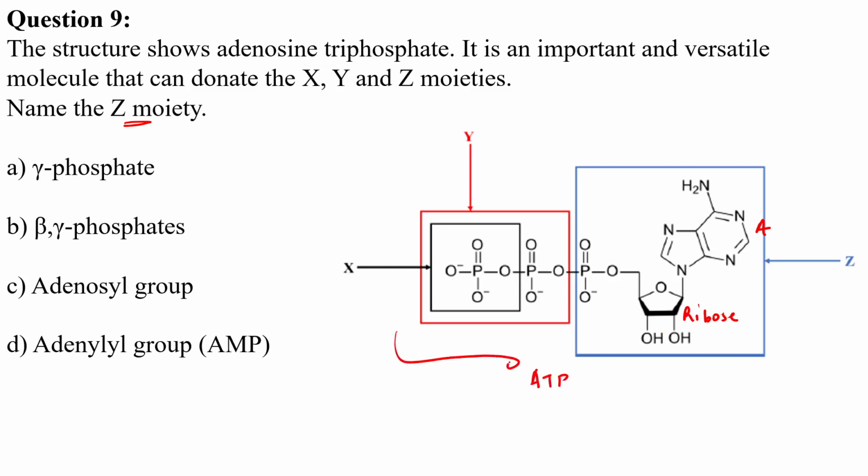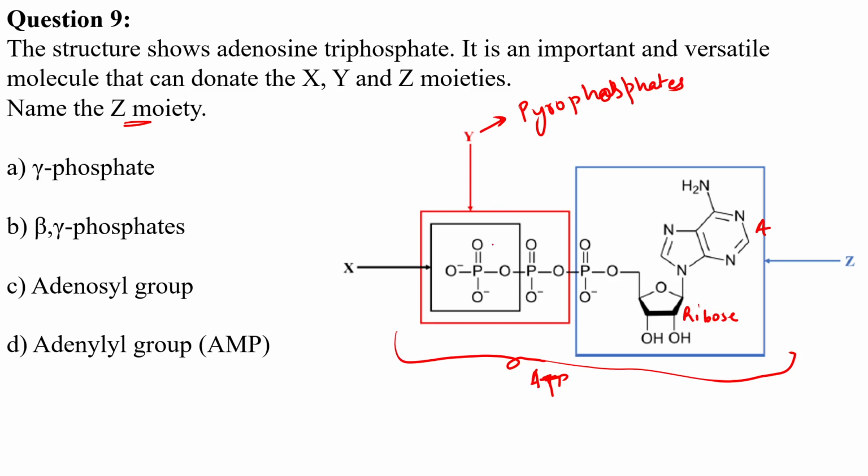This complete molecule is ATP. From this ATP, if we remove these 2 phosphates that are marked with red box, this Y, what is this Y? This Y is basically pyrophosphate. 2 phosphates together are called pyrophosphates.